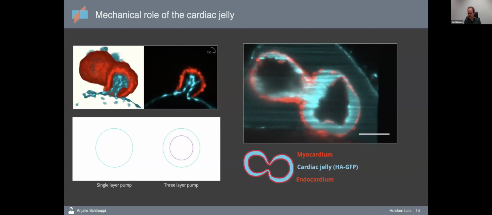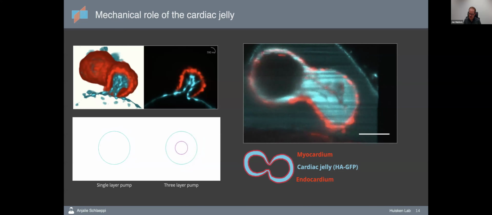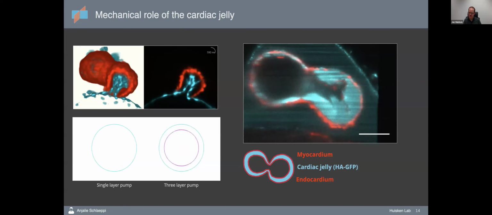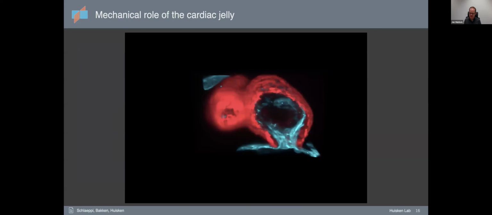And we were able to reconstruct the heart very nicely and visualize not just the myocardium and endocardium, but also the cardiac jelly, and even reveal the details of how the endocardium is attached to the myocardium and allow it to fold in a very particular manner every single time the heart contracts, like 3 times a second or so.